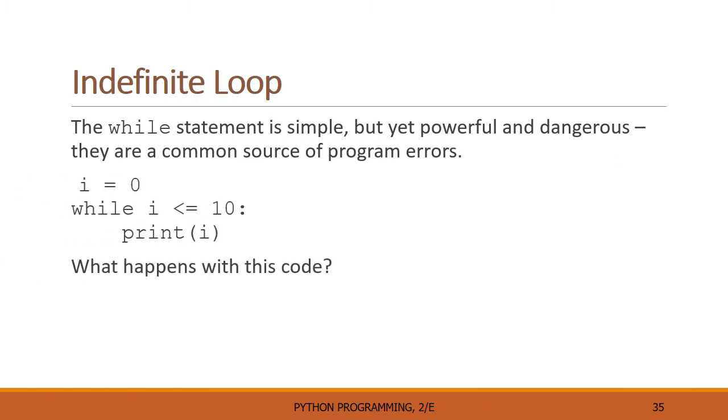The while statement is simple, yet powerful and dangerous. They are a common source of programming errors. So if you look at this while loop, i is assigned 0, and while i is less than or equal to 10, print i. What would happen to this code?